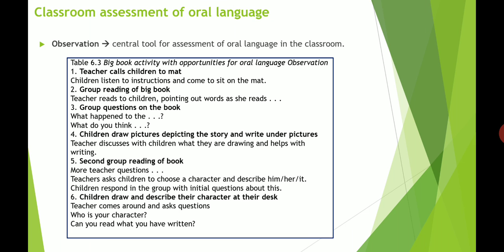In the classroom, oral language assessment often occurs as part of a cycle of the teaching process. So observation of oral language can take place in the first step. Then the teacher calls children to match, in the third the group answers questions on the book, and in the fourth children draw pictures, in the fifth there is group reading of the book, and the last, in the sixth, children draw and describe their character.